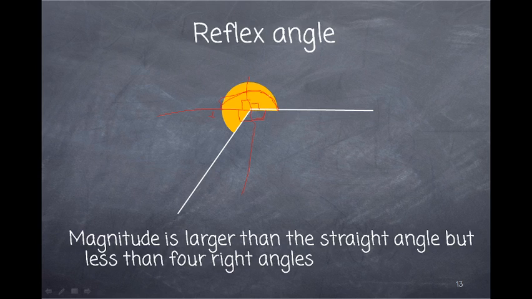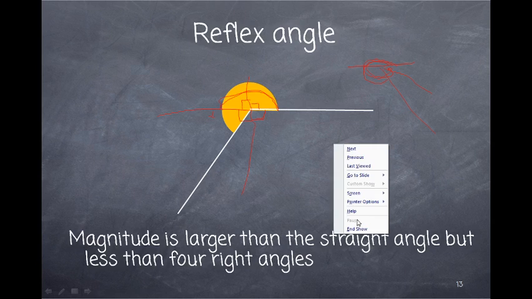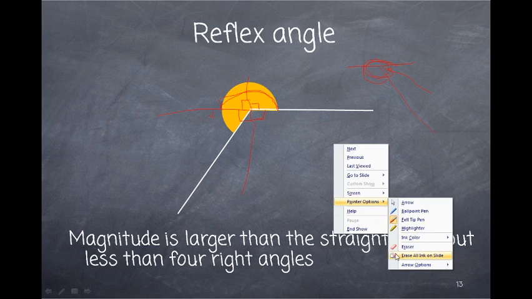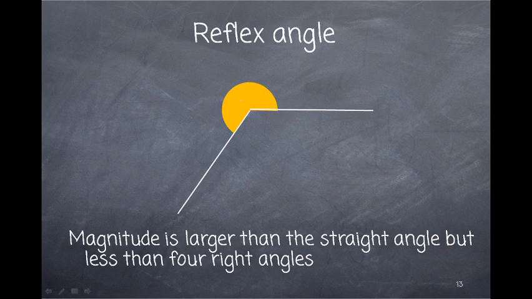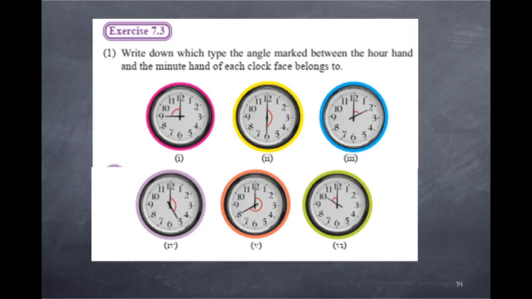So it should be less than 4 squares. If you fit 4 squares, it's like this. The angle is going up to here. So it should be less than that. That means like this or like this. We can take this one or this one. Okay, so this is the reflex angle.